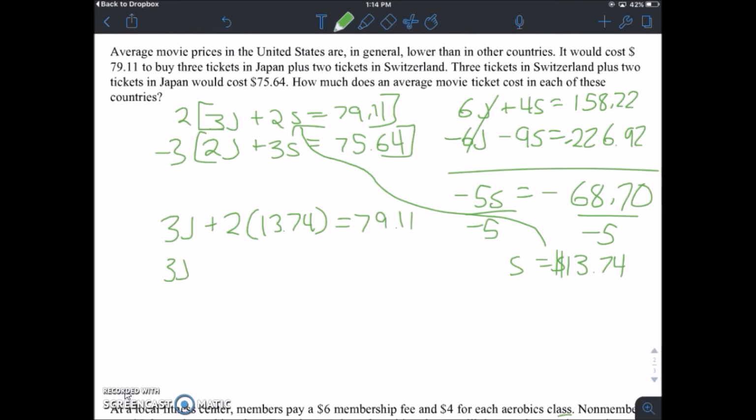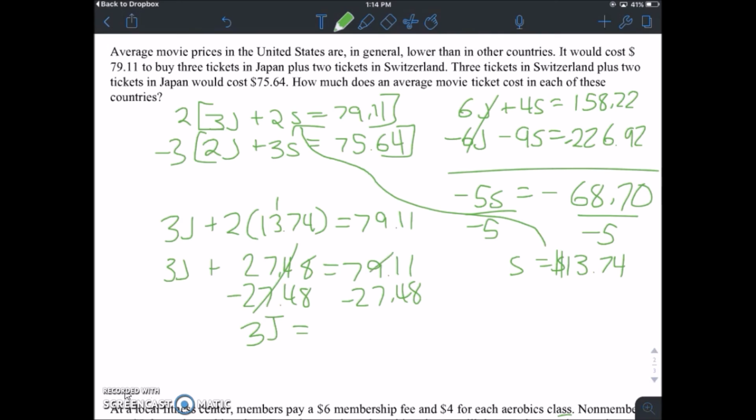So 3J plus 27.48 equals 79.11. Subtract 27.48. 3J equals 51.63.